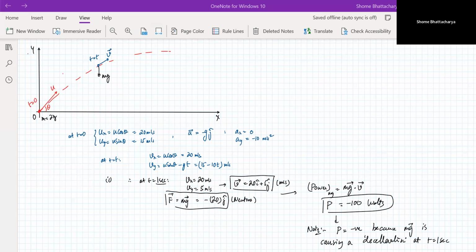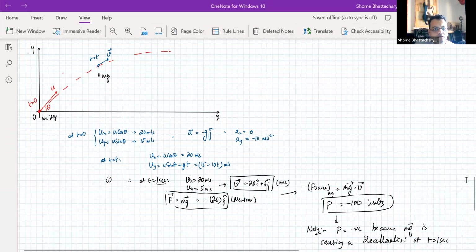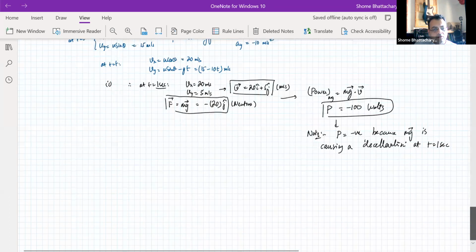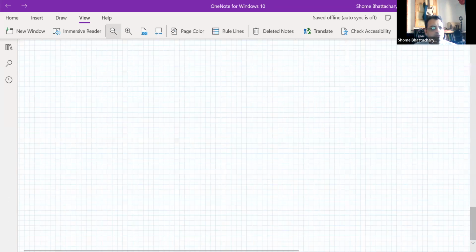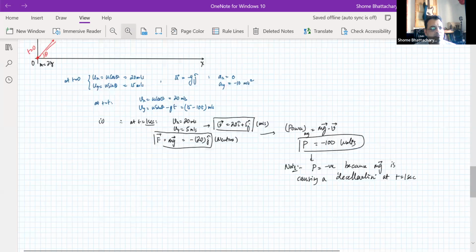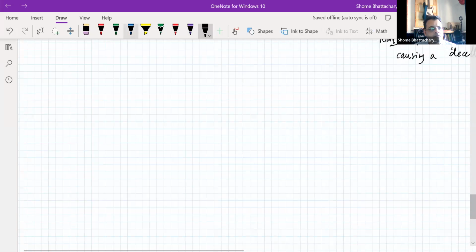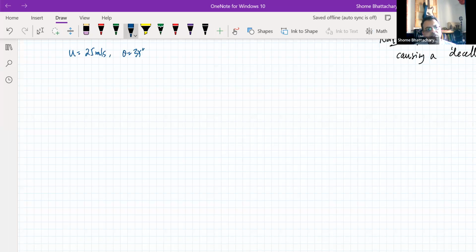Okay, now anybody worked out the second and third part of this? Okay, so if you look at the overall projectile here, you'll see that for these numbers, u equal to 25 meters per second, theta equal to 37 degrees, g equal to 10 meters per second square, you'll get time of flight as 3 seconds.